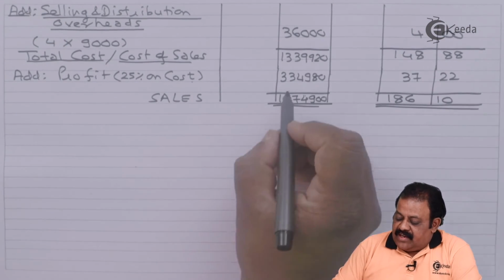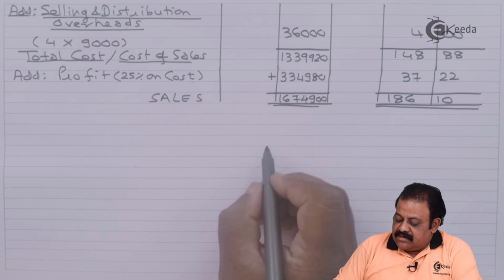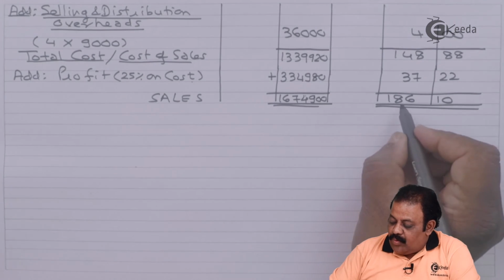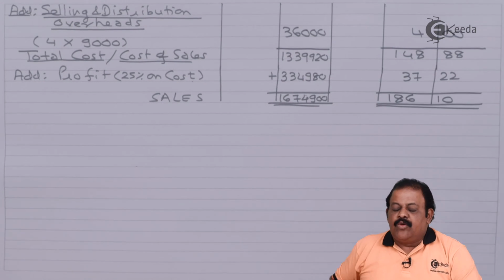So profit will be 3,34,980. By adding this, we arrive at sales 16,74,900. Here selling price will be 186 rupees 10 paise, profit 37 rupees 22 paise.